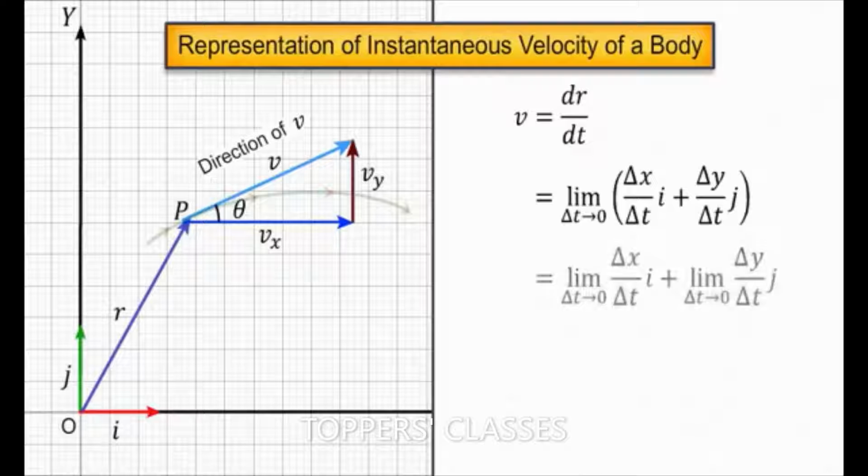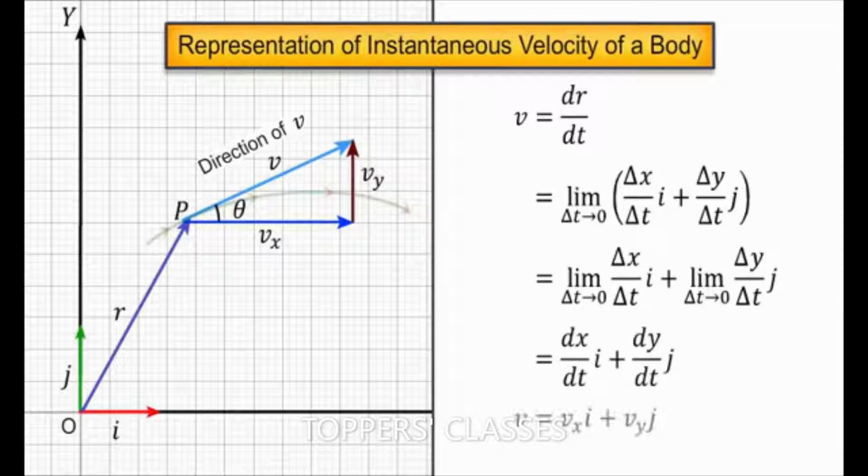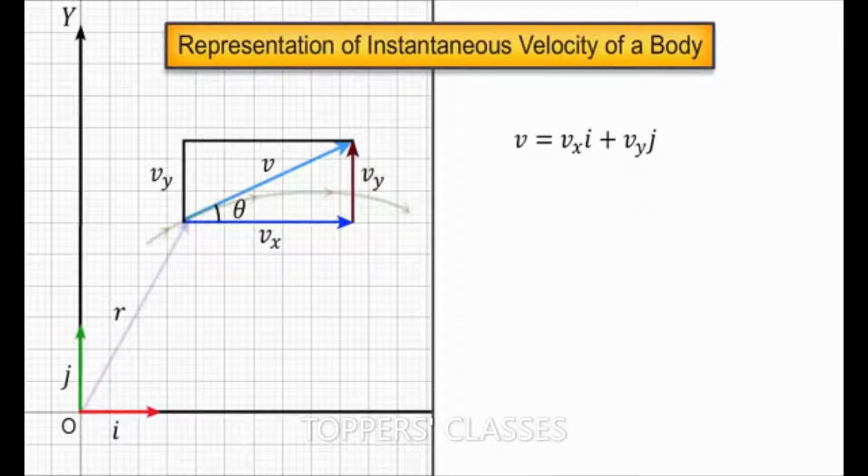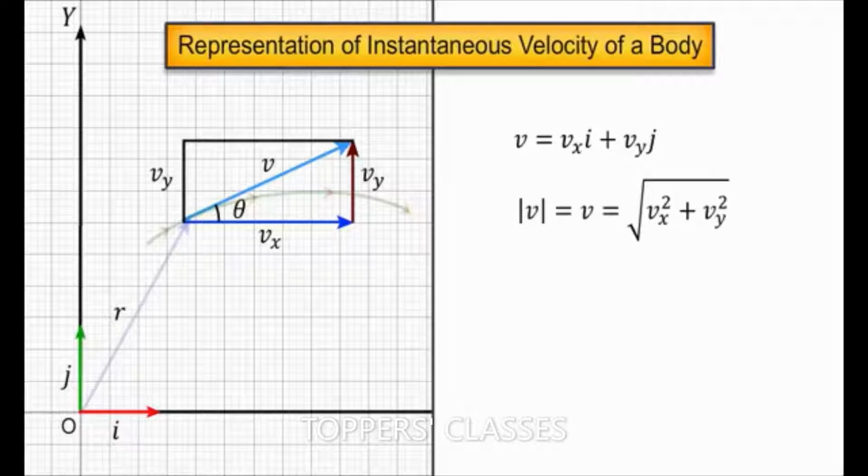Using the resolved parts of magnitudes of v in the x and y direction, that is, vx and vy, we can write v = square root of (vx squared + vy squared), and tan theta = vy by vx, and theta = tan inverse (vy by vx).